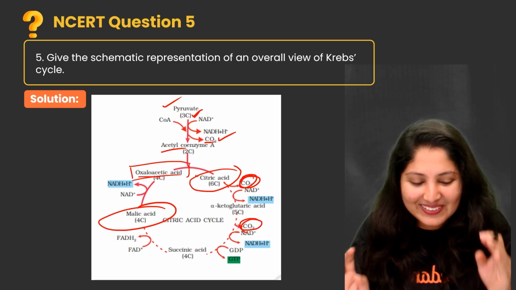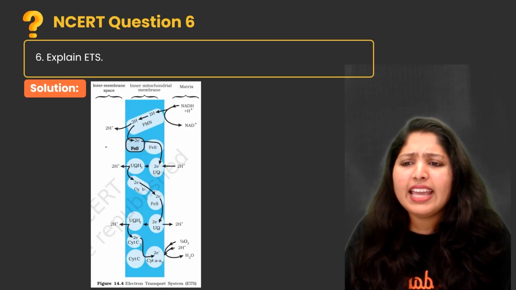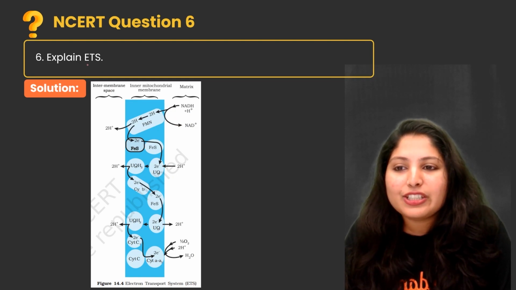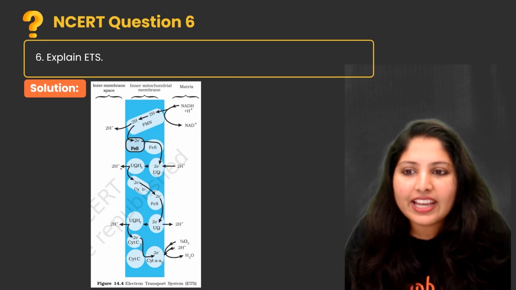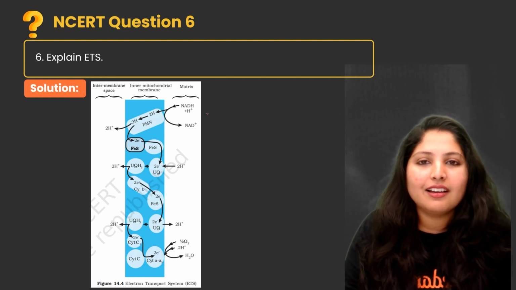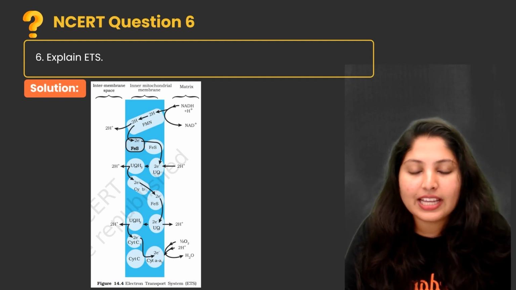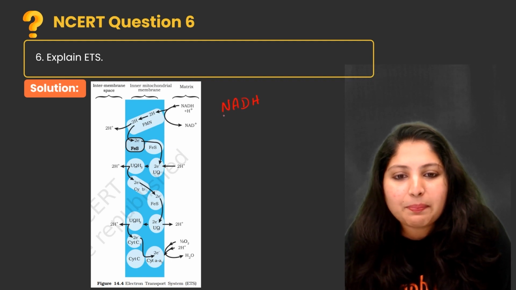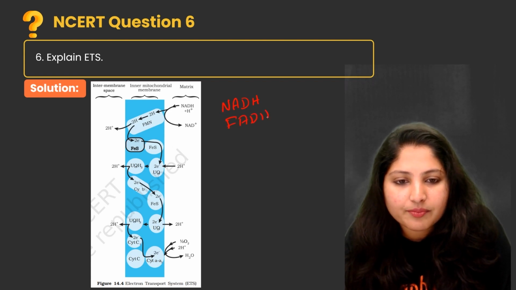Clear, right? Okay, next question. Explain ETS. What is ETS? Electron Transport System. Okay, so the products produced by respiration are ATP and NADH, right? So NADH or FADH.